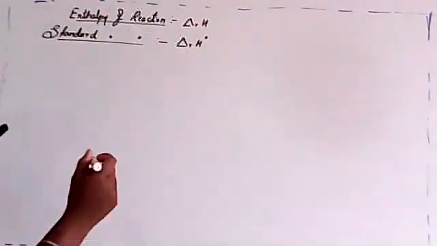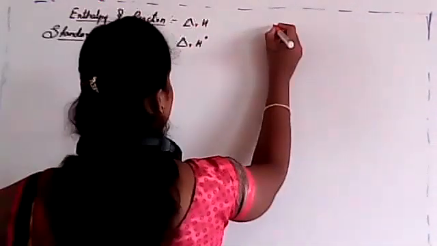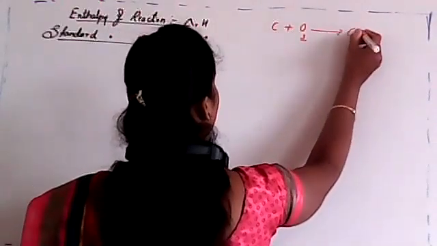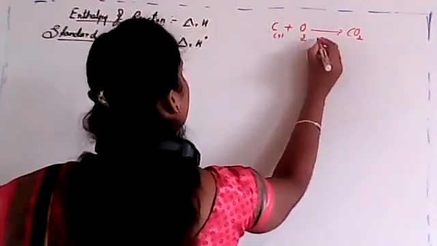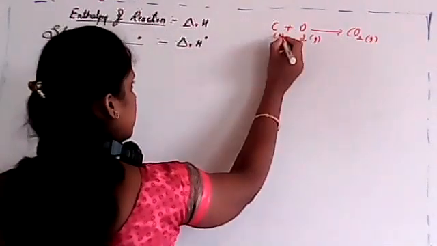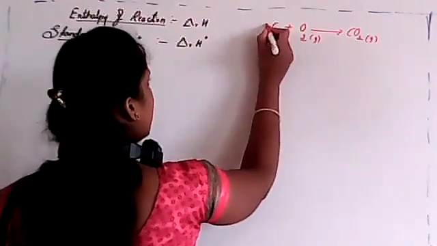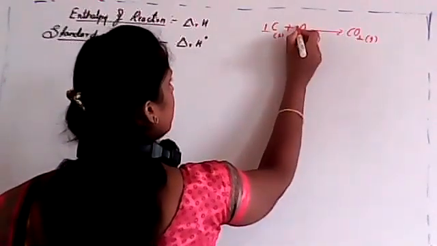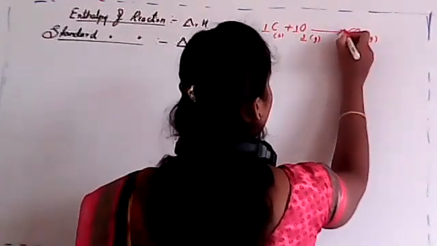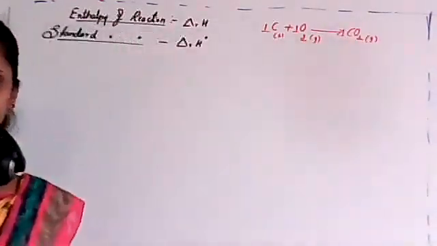So I'll consider a simple reaction here. Carbon reacts with oxygen and gives carbon dioxide, with its physical state, isn't it? So solid it is. Now listen, 1 mole of carbon reacts with 1 mole of oxygen to give 1 mole of carbon dioxide.